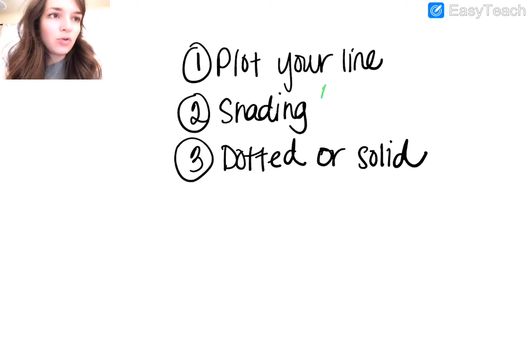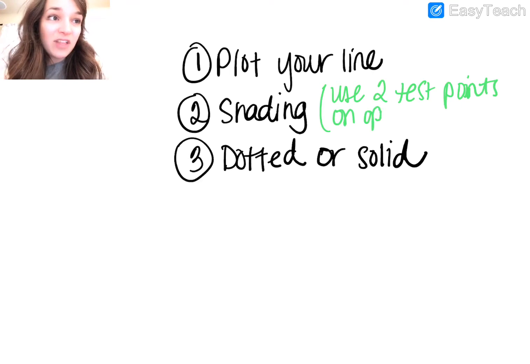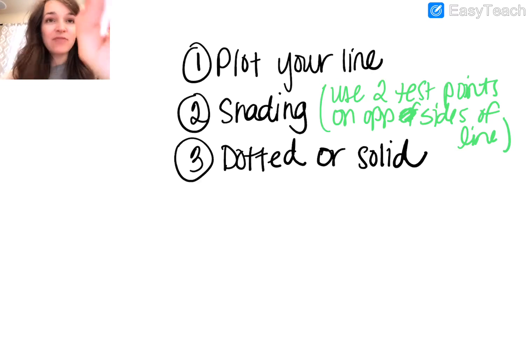You use 2 test points. Your test points must be on opposite sides of the line. And then you figure out if it's dotted or solid. So remember, that comes from this whole thing.